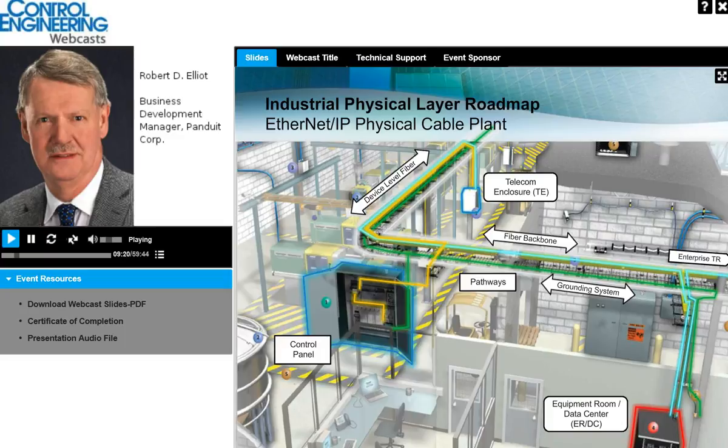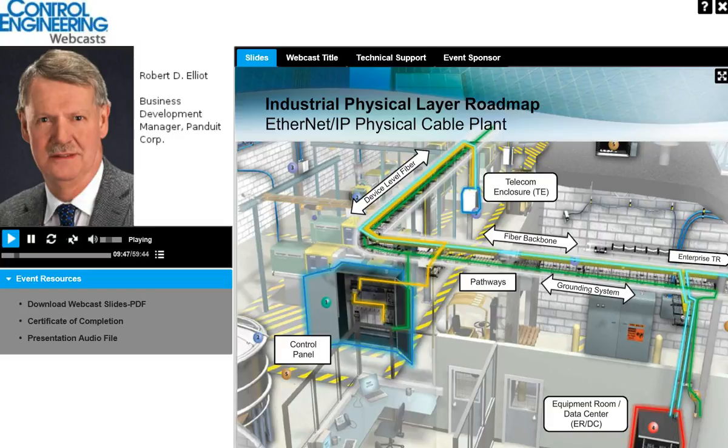So translating this a little bit more to the actual shop floor environment itself, what we see here is a typical factory floor layout indicating where some of these key physical layer elements will be located. At the bottom right-hand side, we see a so-called micro data center.